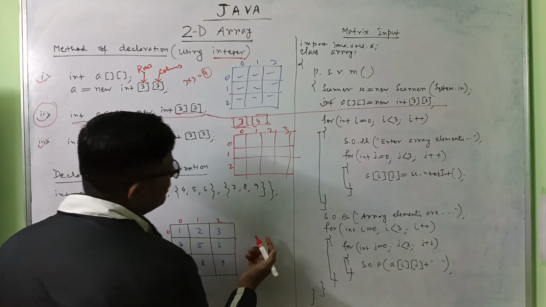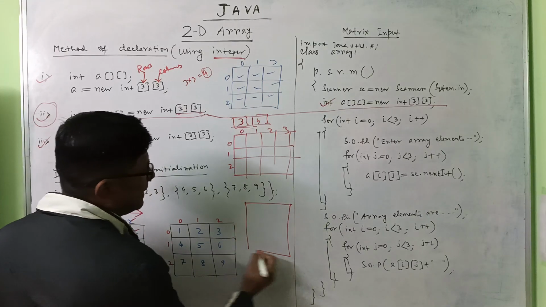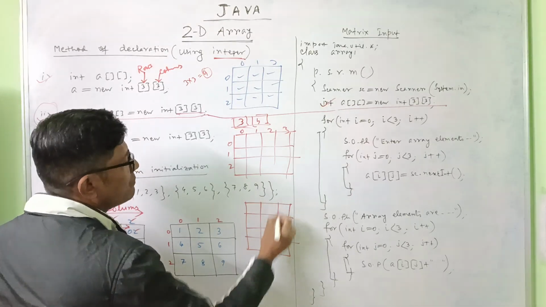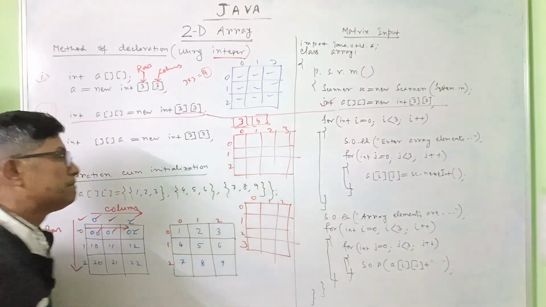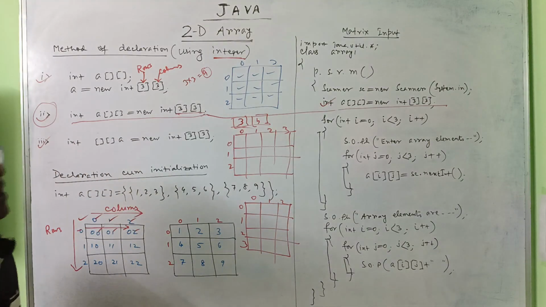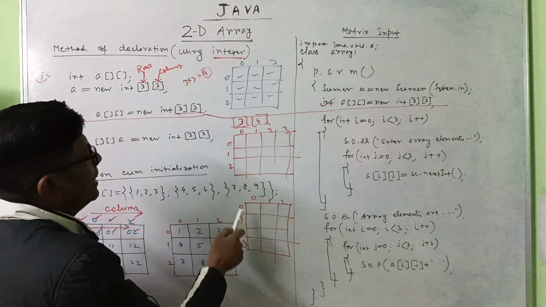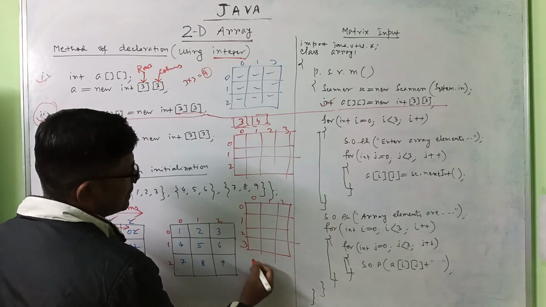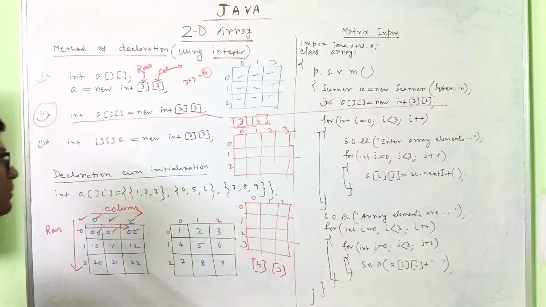If you write 4 by 3, that time you will understand 4 by 3 means like this: number of rows will be 4 and number of columns will be 3. 0 1 2 3, and 0 1 2. This is the two-dimensional matrix. Different ways. 3 by 4 means this. If you write 4 by 3 size, that time the shape will be like this.